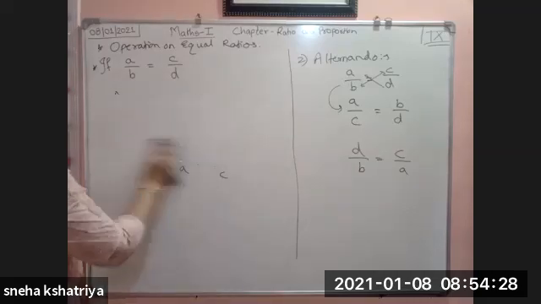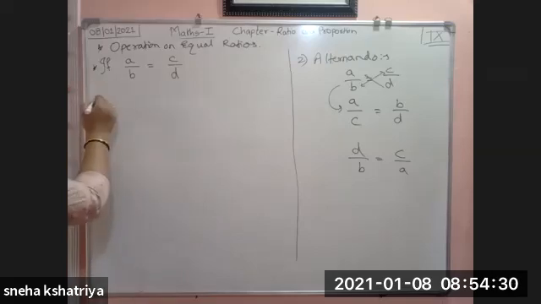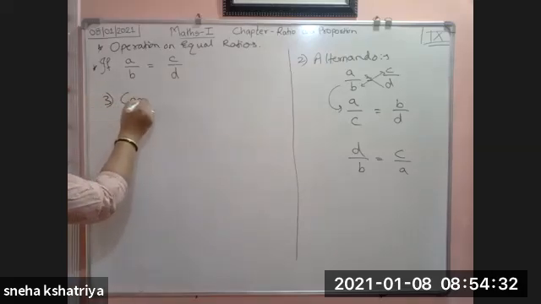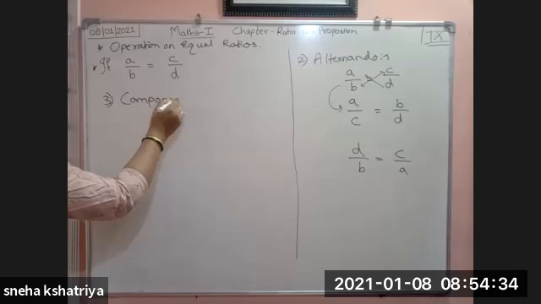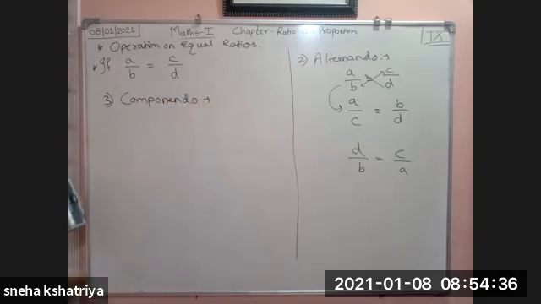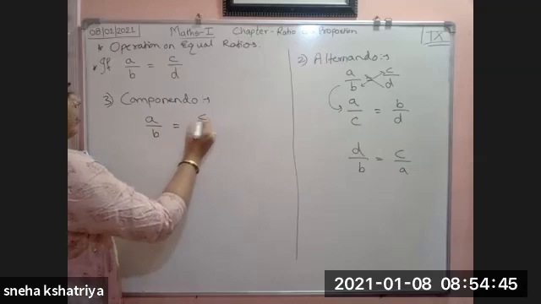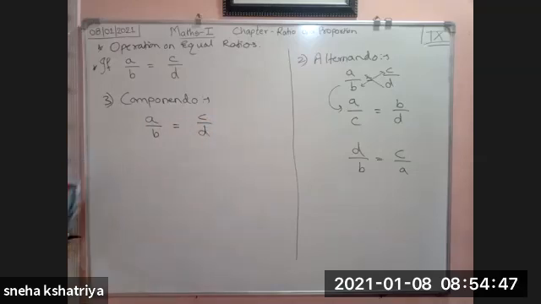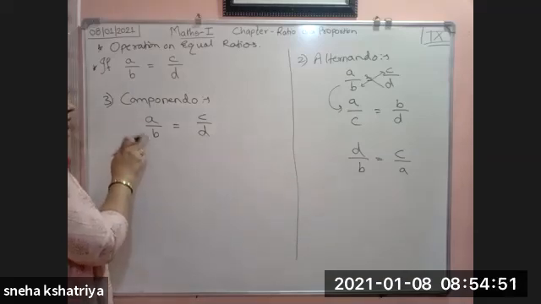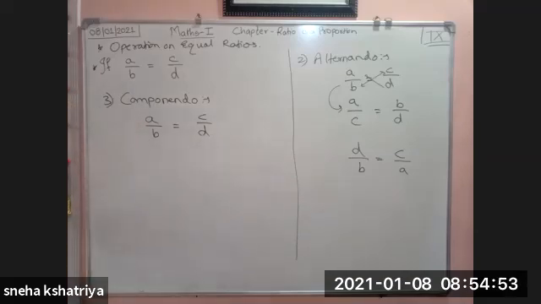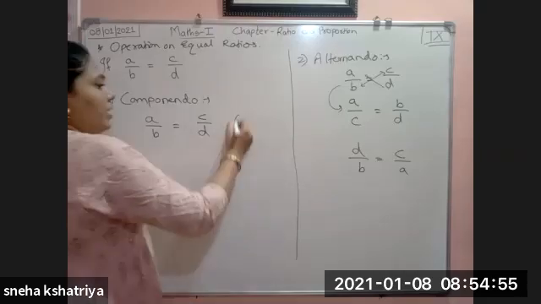Okay, now the third one is componendo. What do we have to do in componendo? First write down the ratio A upon B is equal to C upon D. This is the ratio given to you. Componendo means you have to add the denominator to the numerator.